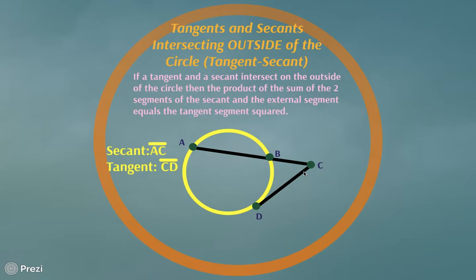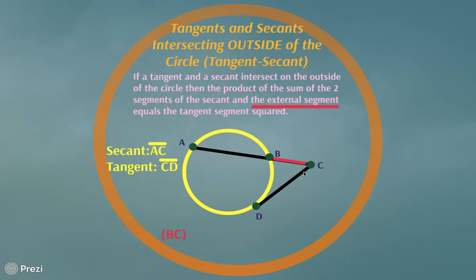If a tangent and a secant intersect on the outside of a circle, then the product of the sum of the two segments of the secant and the external segment equals the tangent segment squared. That is a mouthful, so let's break this down. We're going to start with the secant.